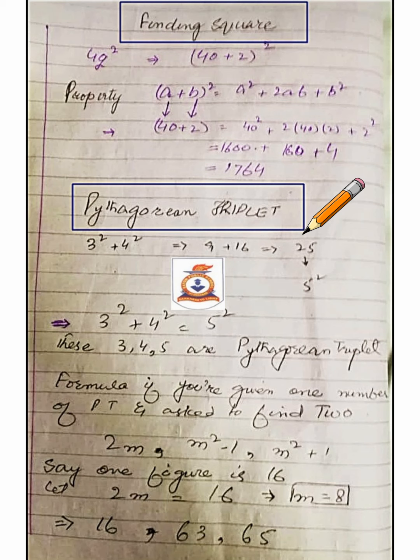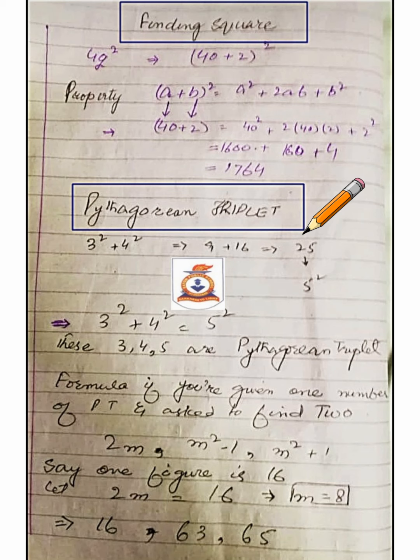So how do we do that? We can split the number 42 into two parts. Let us suppose 40 is a and 2 is b. So a is equal to 40 and b is equal to 2.